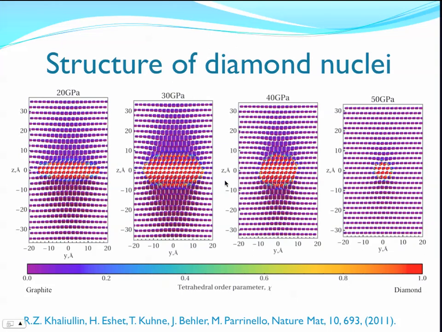As you can see, diamond nuclei become more and more spherical as pressure increases. So it is basically a manifestation that it is really hard for graphite layers to come closer to each other to form this diamond nuclei.